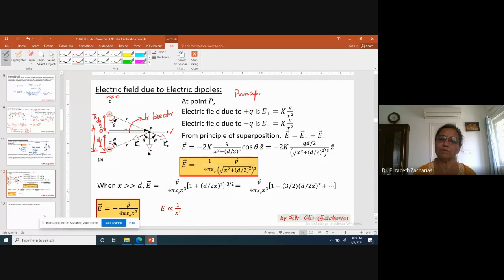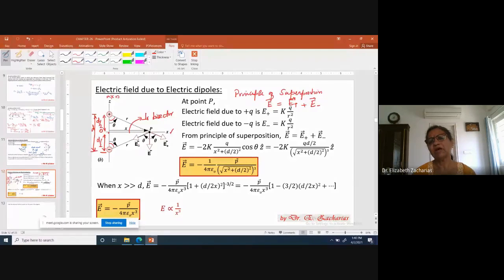Using the principle of superposition, the net field E at the point P is going to be the vector sum of E plus and E minus, where E plus is the field at the point P because of the positive charge, and E minus is the field at the point P because of the negative charge.